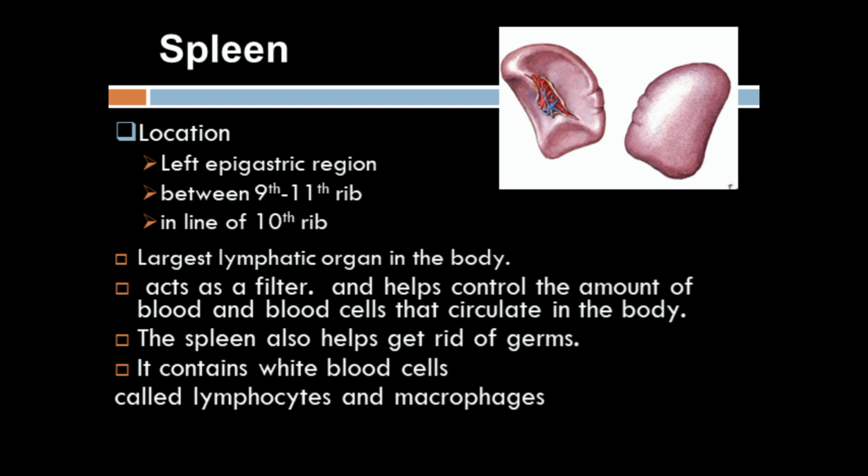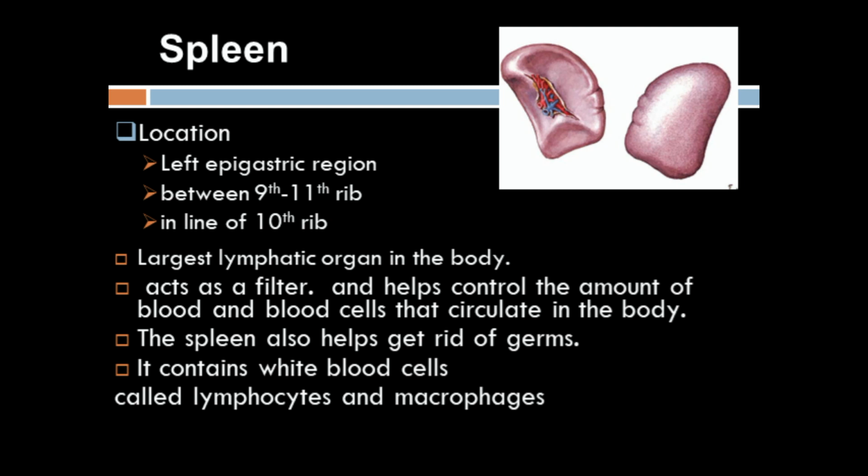Then another organ, the spleen, is also an example of a secondary lymphoid organ, right? It is located on the left side between the 9th and 11th rib of our body, and it lines with the 10th rib, okay, 10th rib. Among the primary and secondary lymphoid organs, the spleen is the largest lymphatic organ in our body.